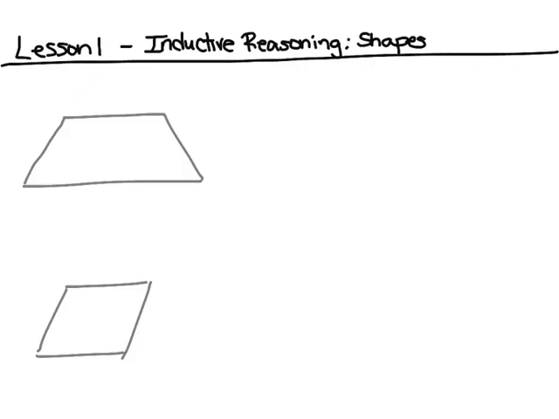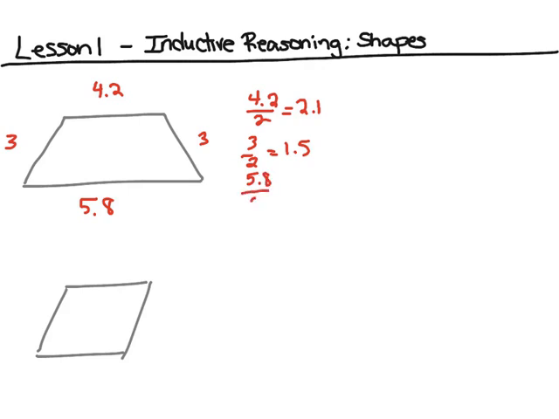Okay, if we measure our shapes, first do that, measure the shapes. Pause the video and tell me what you get. You should have got 4.2, 3, 3, and 5.8. So to find the midpoints, we'll divide them by 2. So 4.2 divided by 2 is 2.1. 3 divided by 2 is 1.5. 5.8 divided by 2 is 2.9. So measure those in, draw your midpoints in, and connect them.